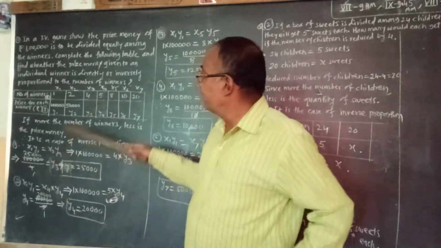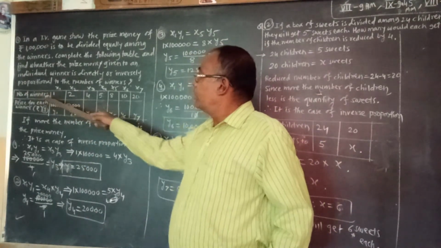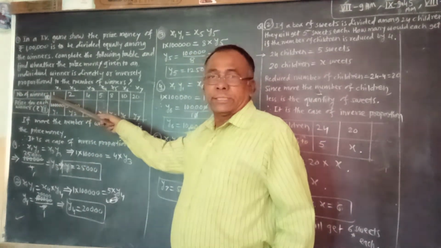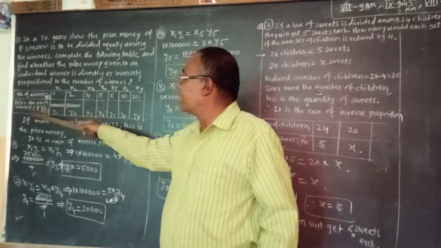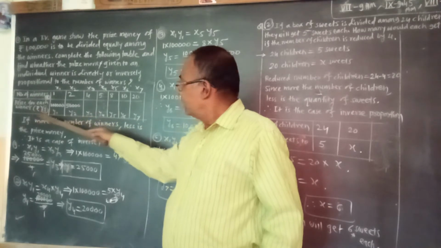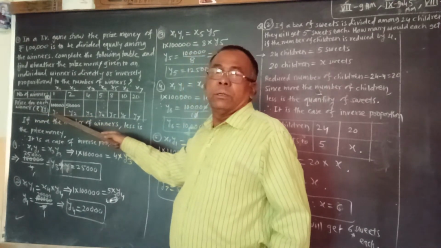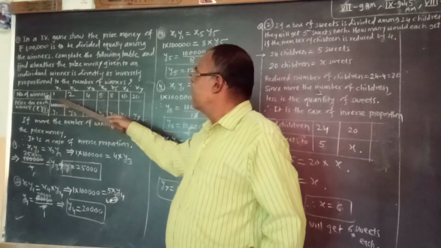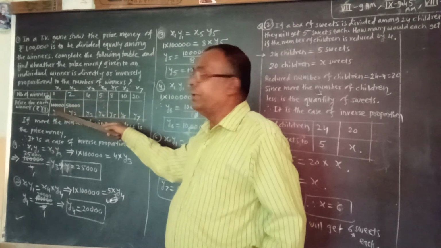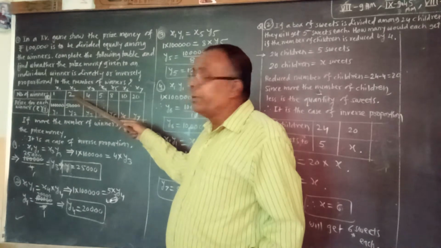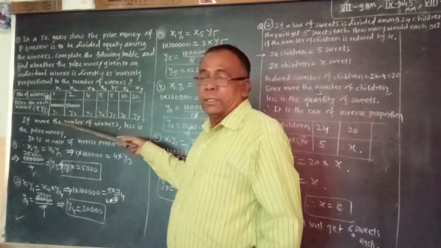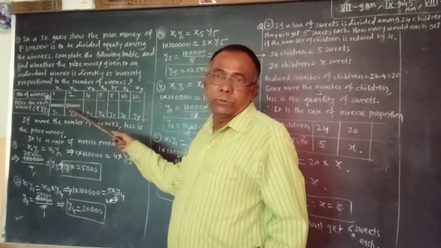Means here number of winners x is equal to 1, then the prize for each winner is more. One winner will get rupees 1 lakh, but if two winners are there, then everybody will get 50,000.